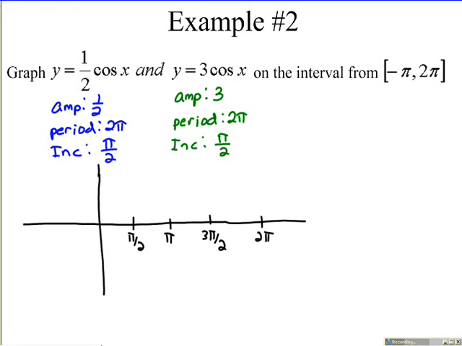Going to the left, we need to get out to negative pi. So negative pi over 2 and negative pi when I subtract the increment. First one has an amplitude of 1/2. Second one has an amplitude of 3.